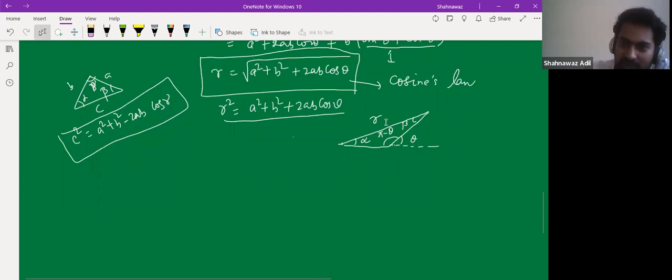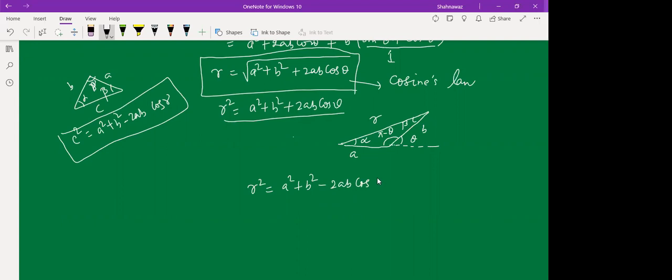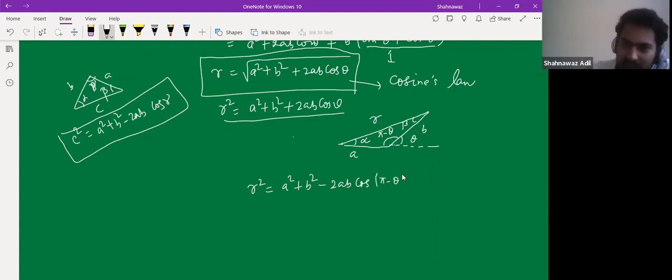So what will be the cosine law here? So cosine law will be R square will be, let's say this is A, this is B. So A square plus B square, what? Minus 2AB cos what? Pi minus theta. Yes. And you know that in the second quadrant, the cos is negative.